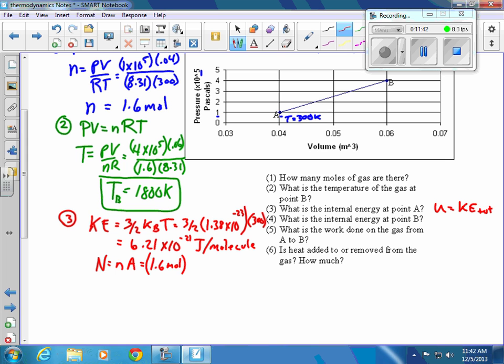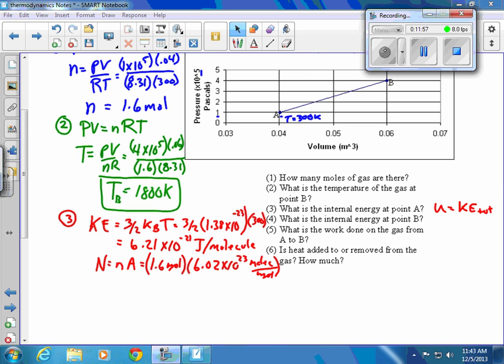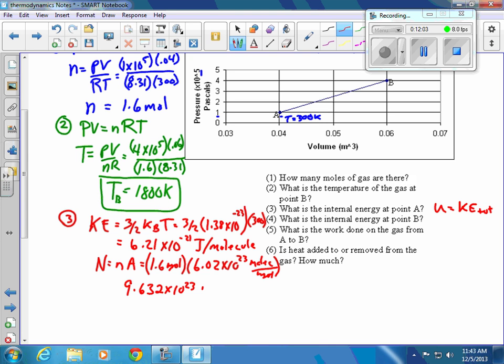I have to multiply that by 6.02 times 10 to the 23rd molecules per mole. Moles cancel, leaving molecules, and I end up with a value of 9.632 times 10 to the 23rd molecules.